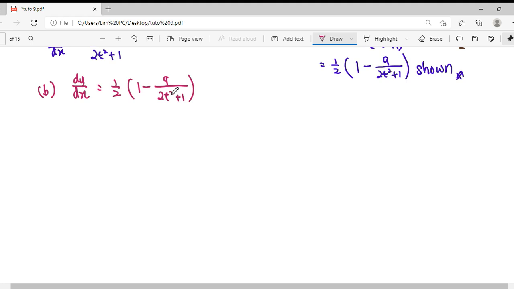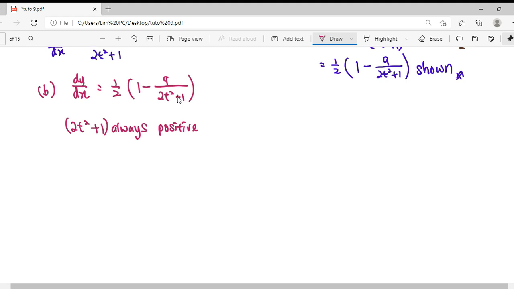So this answer is always positive when it is times 2 and plus 1. So definitely the 2t squared, we can say this factor is always positive.